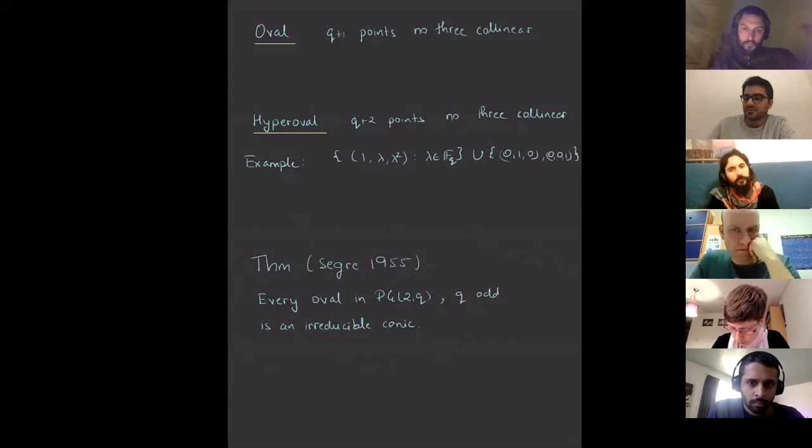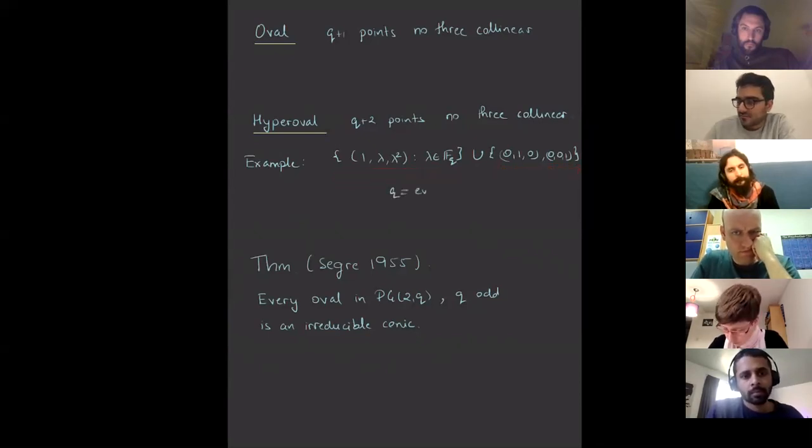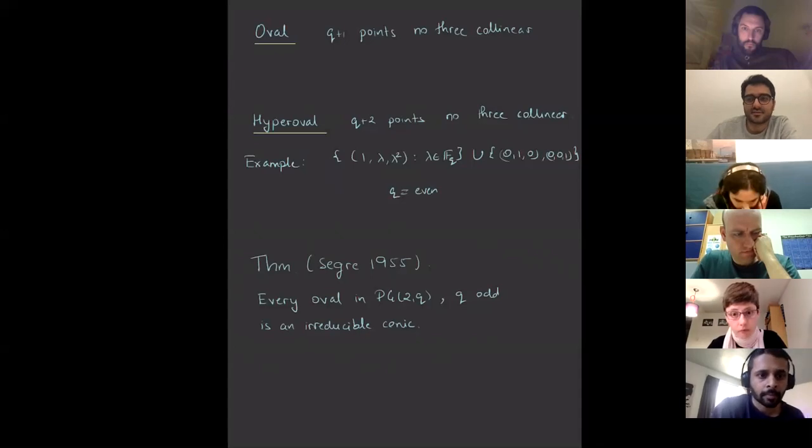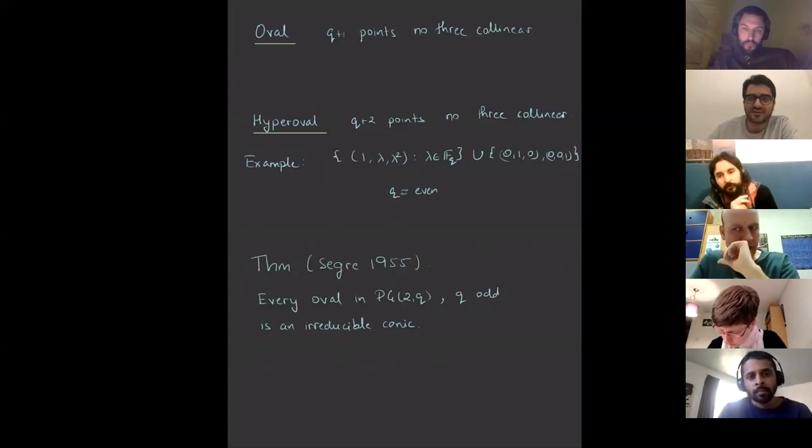So take these q points and 2 more, and if q is even, which means it's a power of 2 since it's a field, then you can show that this set has the property that no 3 points are collinear. So these objects do exist, but there are many, many more crazy examples.